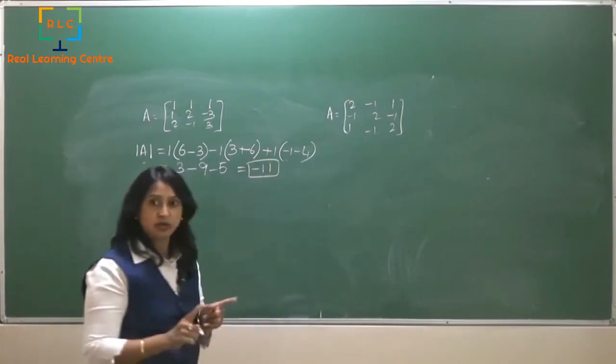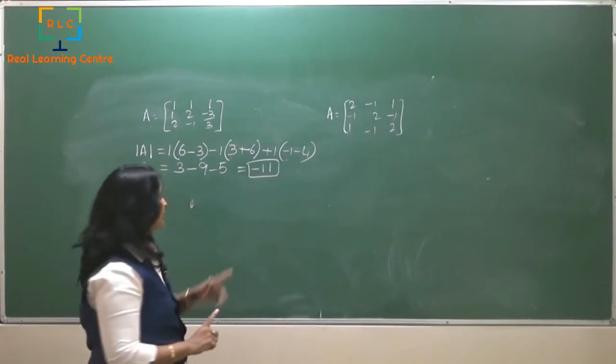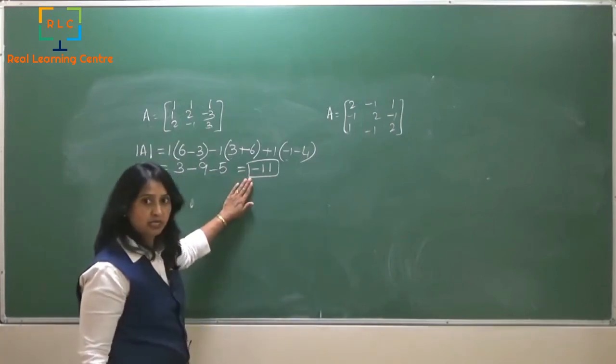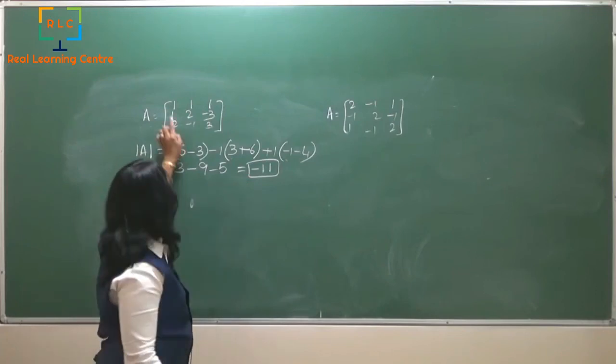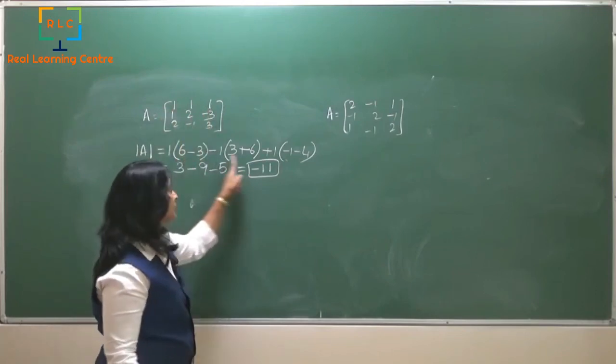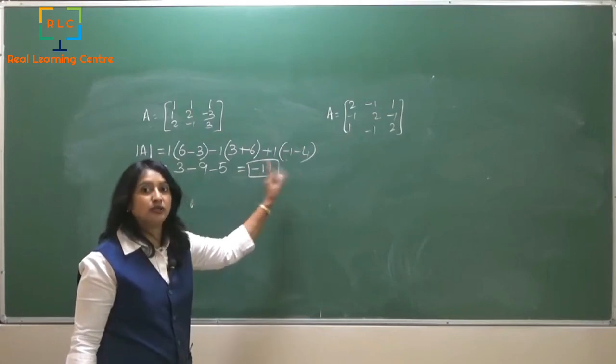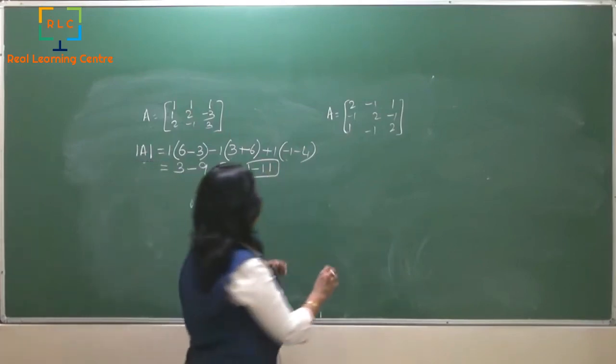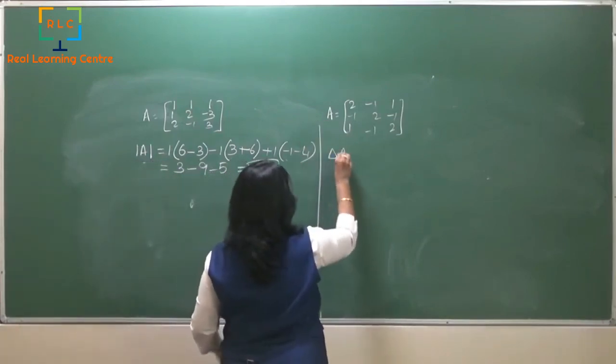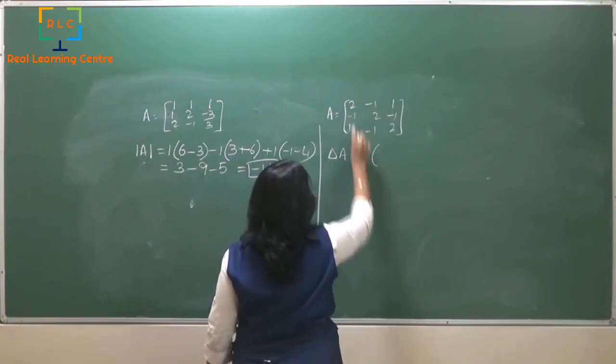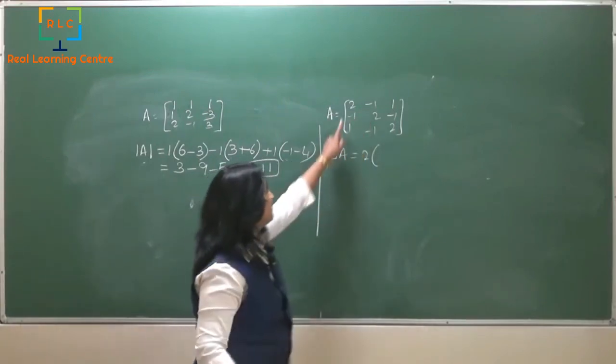This is the way you take out the determinant, and this determinant is obtained by multiplying the first row with their cofactors. That is what we are doing here. So that was the property I told you. Again here I shall say delta A is equal to 2 into, 2 is having plus value, is it not?